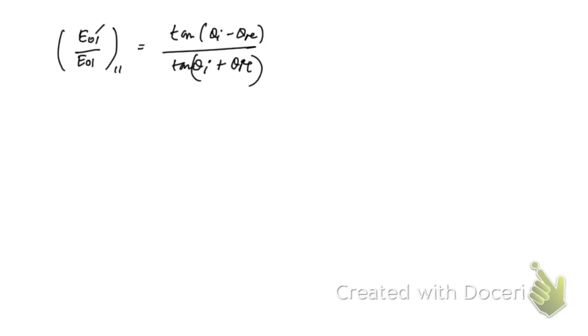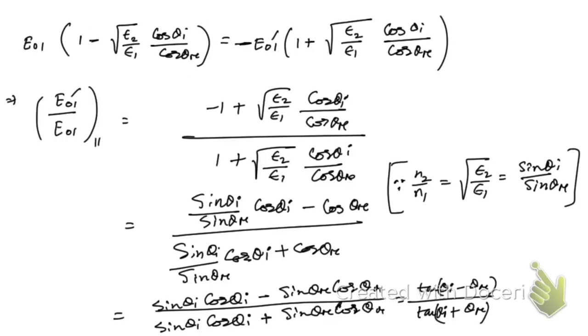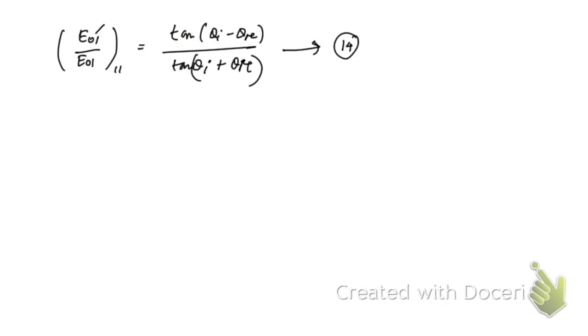Okay, so what was the last equation number we have got? 13. Now this is equation number 14. So this is the ratio of the amplitude of the E vector associated with the reflected and incident wave.